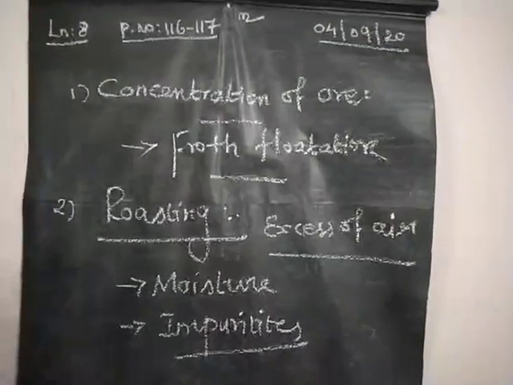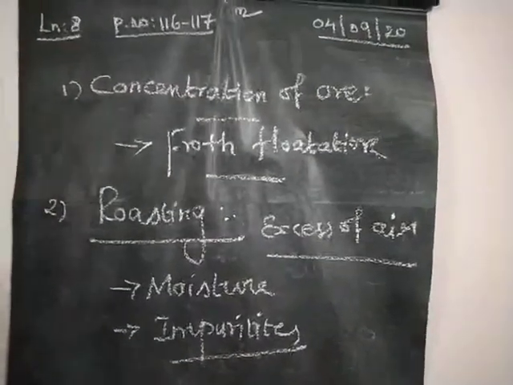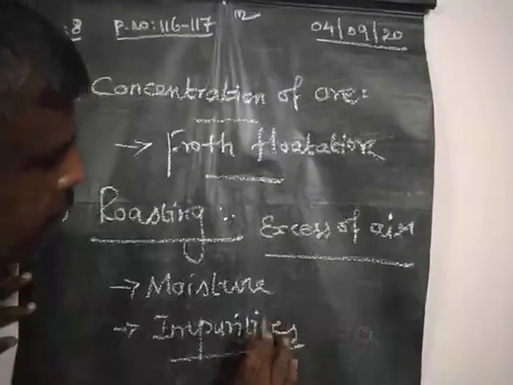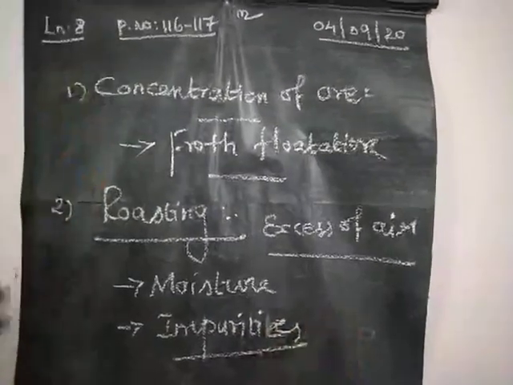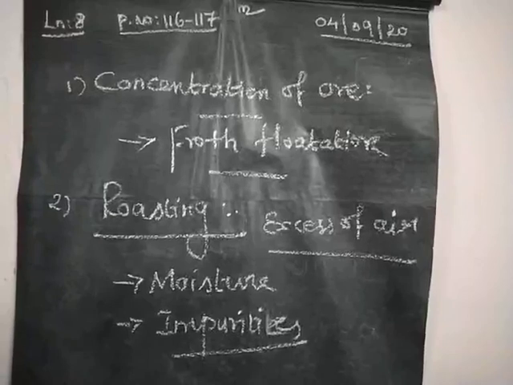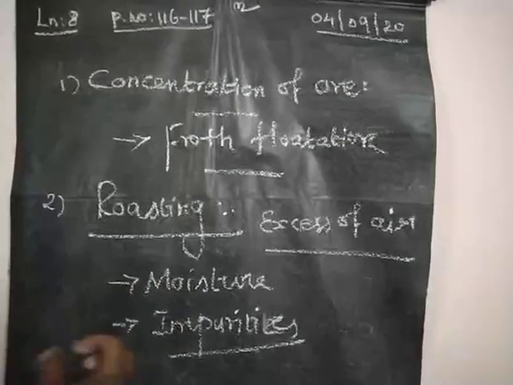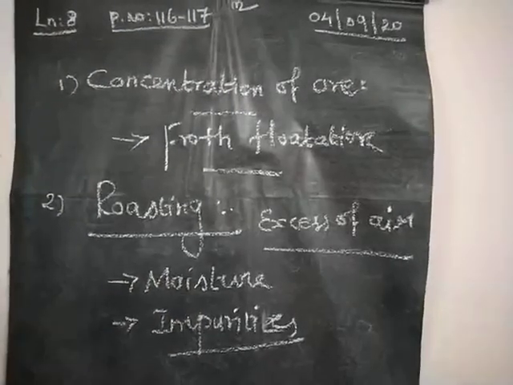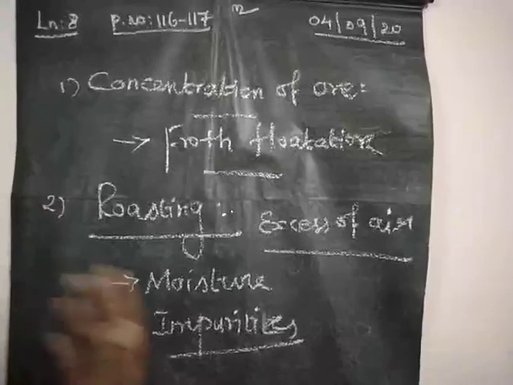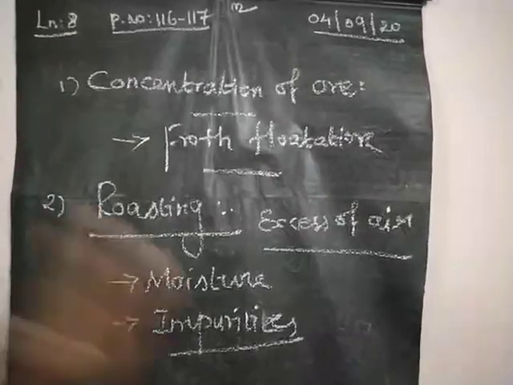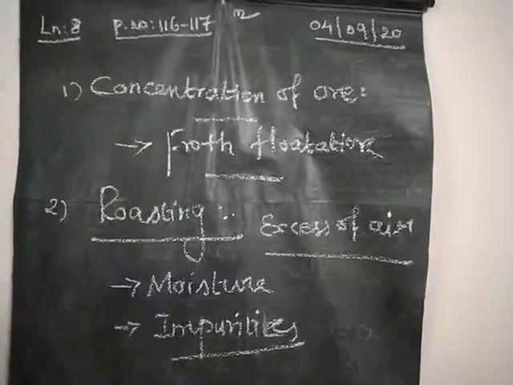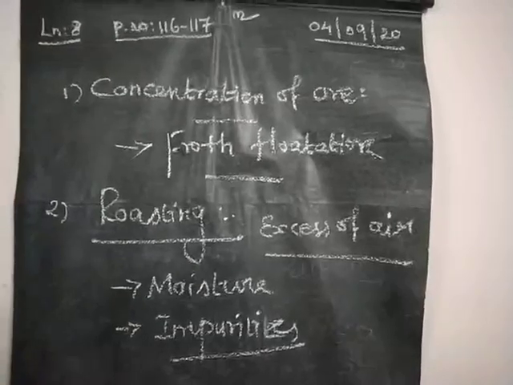Moisture means water content. Volatile impurities are materials that convert into vapor when we apply a small amount of heat energy.